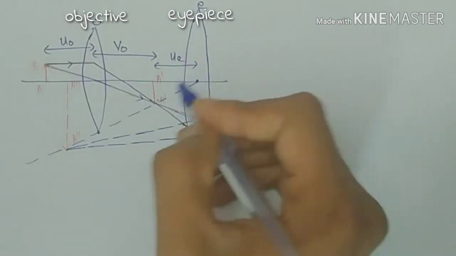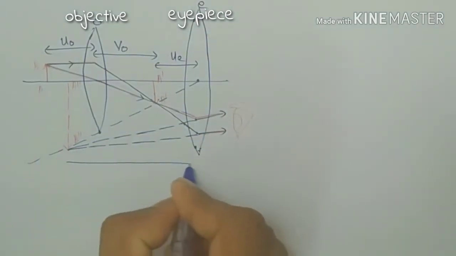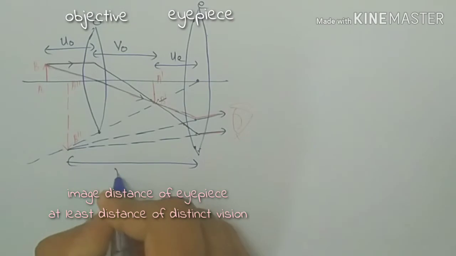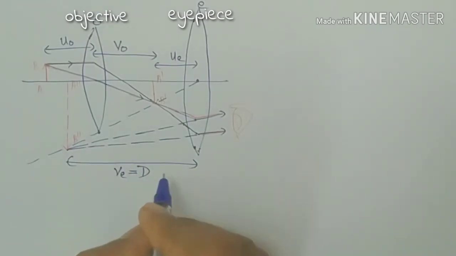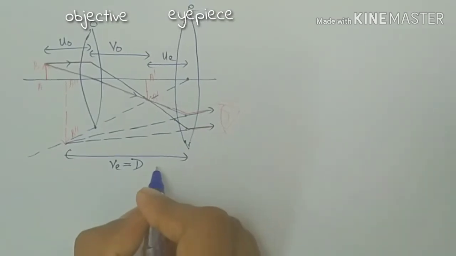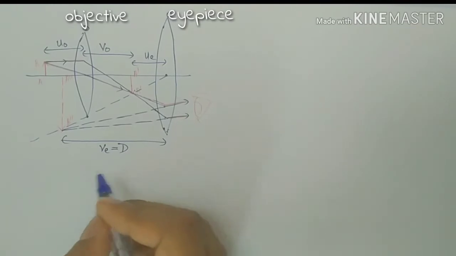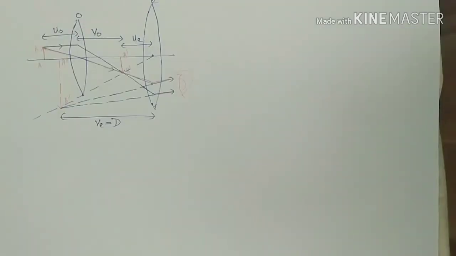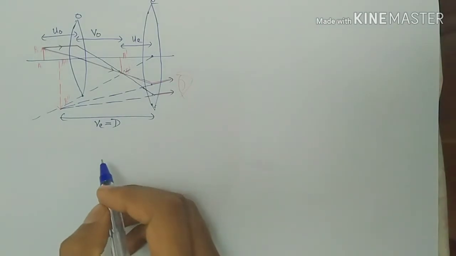For the eyepiece, the object is this and the image is this. Therefore, this distance is called VE, the image distance of the eyepiece, and VE will be formed at the least distance of distinct vision. This is the ray diagram for a compound microscope. Now we have completed the ray diagram of compound microscope.